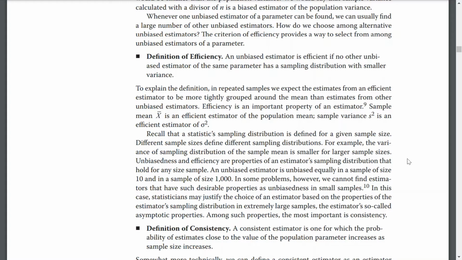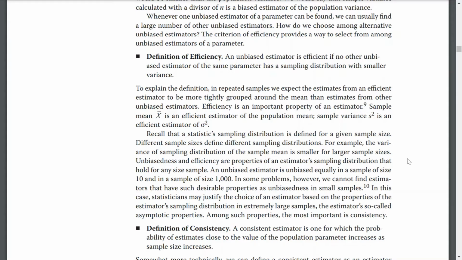To explain the definition, in repeated samples we expect the estimates from an efficient estimator to be more tightly grouped around the mean than the estimates from other unbiased estimators.